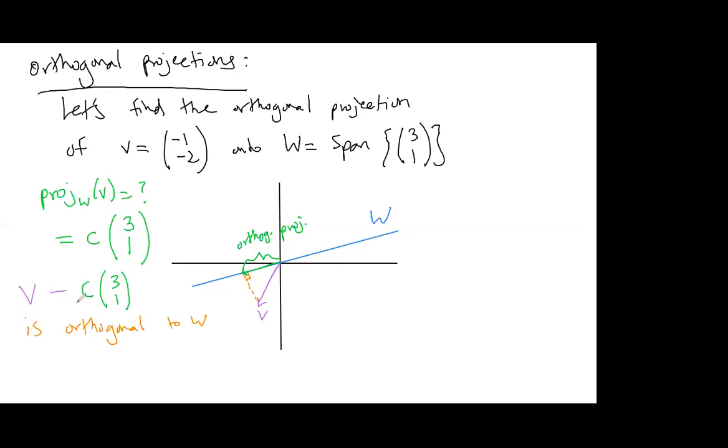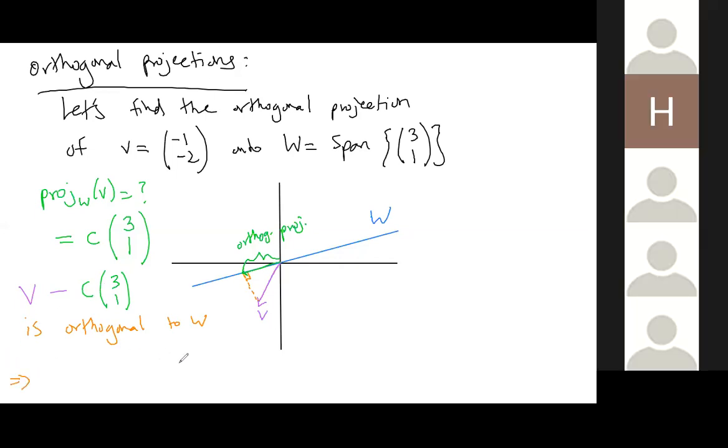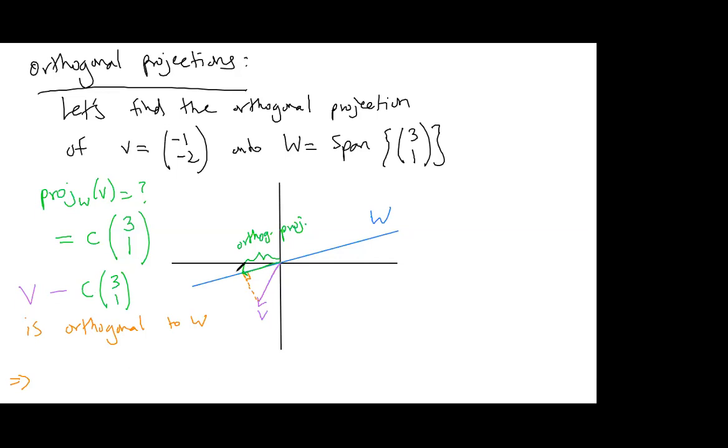Just using that, we can figure out what C needs to be. So this implies that V minus C times 3, 1, dotted with 3, 1, should get 0. Now we can solve for C.